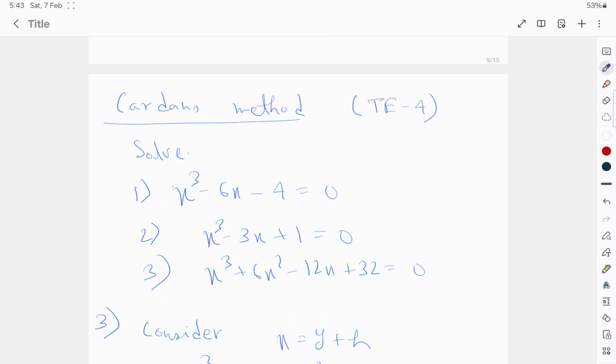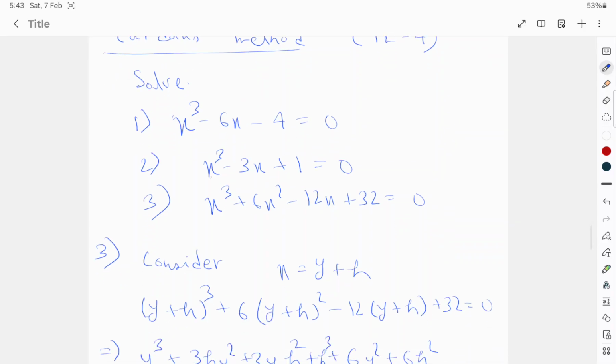Basically, the Cardans method is applicable whenever your equation is cubic. You know how to solve a quadratic equation using the Siddharacharya rule, right? Similarly, the Cardans method is very helpful for solving the cubic equation.